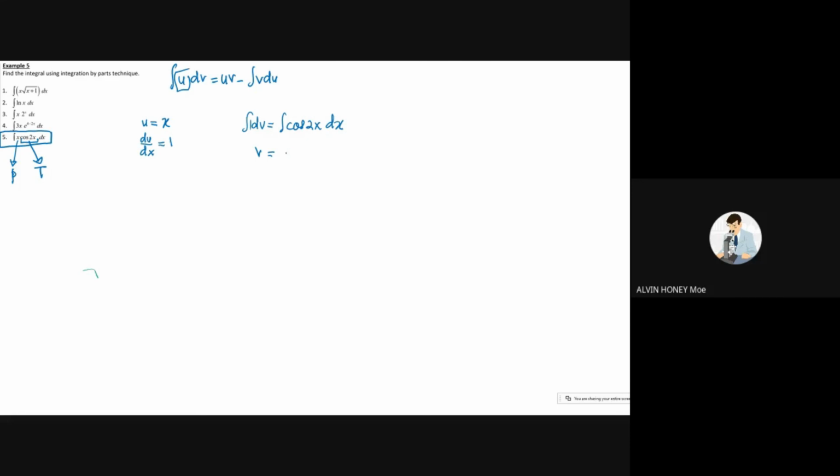Sine 2x over 2, differentiate the angle, 2. Alright.